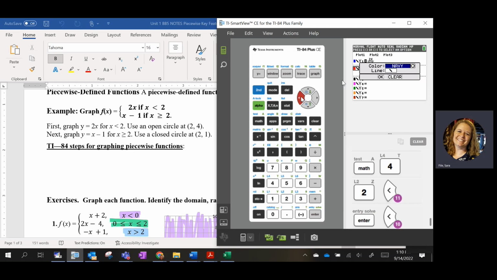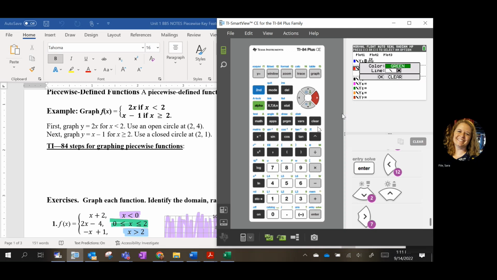They have lots of different options there. And then you just go down to OK. You can also change the line to shading above or below the line, or having a dashed or dotted line, but we don't need to worry about that today. Okay, so I'm going to hit OK.